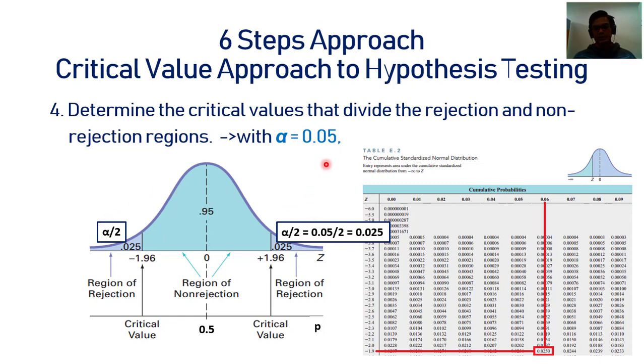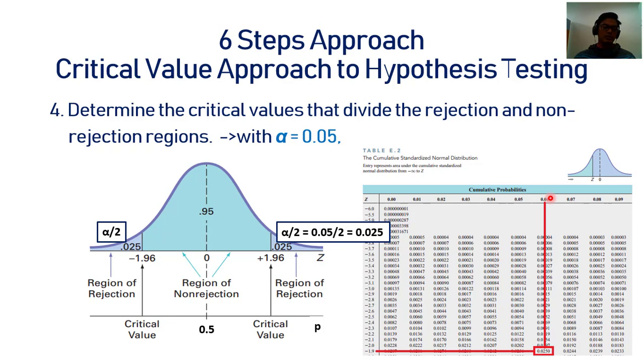And by using the cumulative standardized normal distribution table, as we did in the first example, we can have the z value of the sample here with an alpha of 0.025. First, we locate the error term value of 0.025, and then we define the z number, which is minus 1.96.